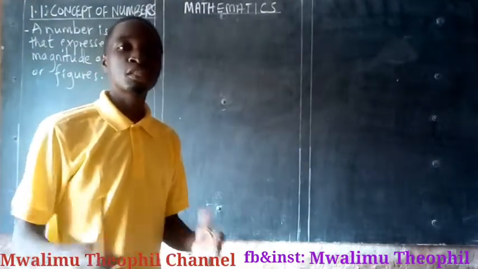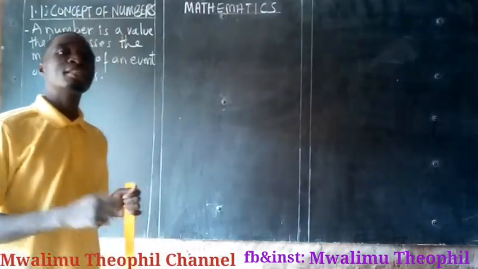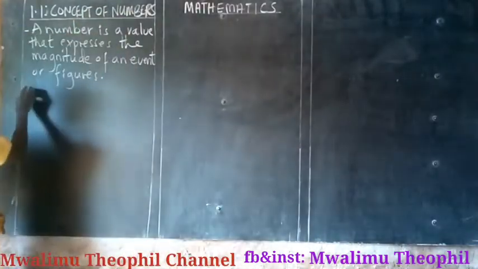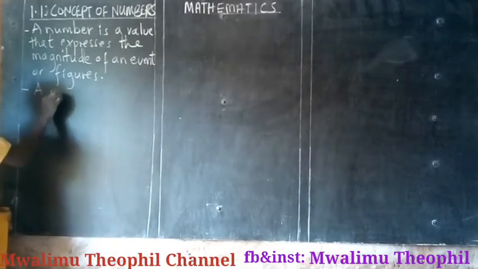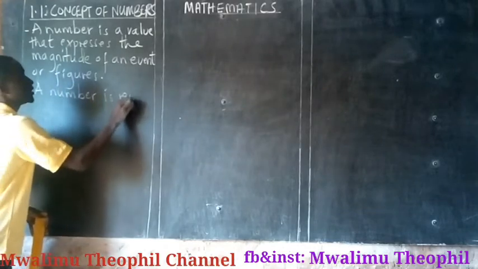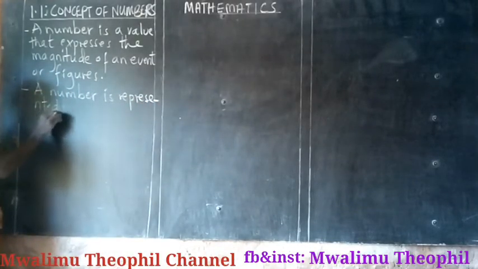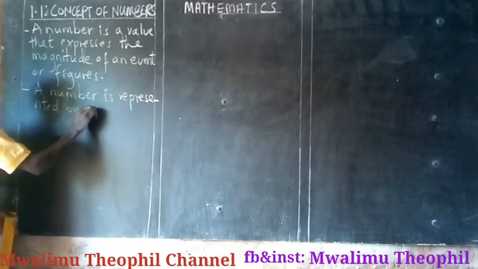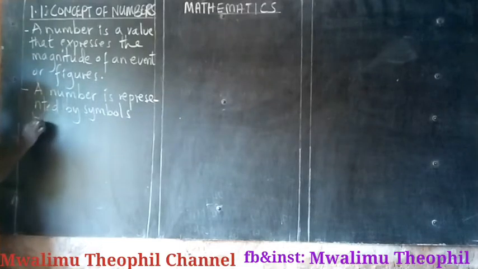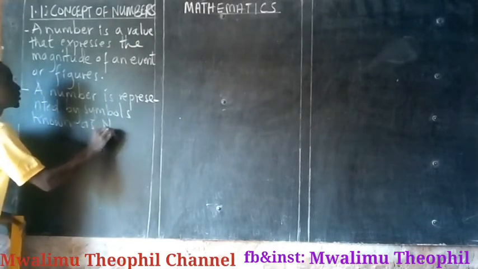We see symbols or signs which represent a number, and these symbols are known as numerals. So a number is represented by symbols known as numerals.